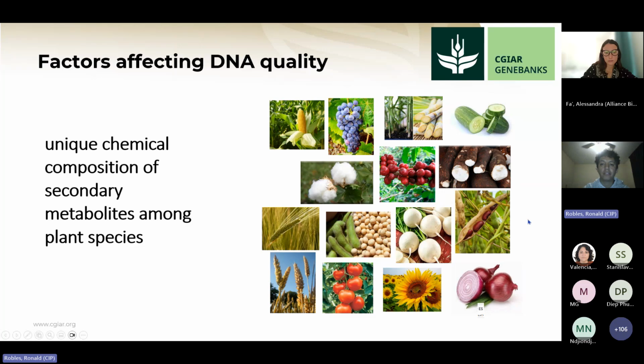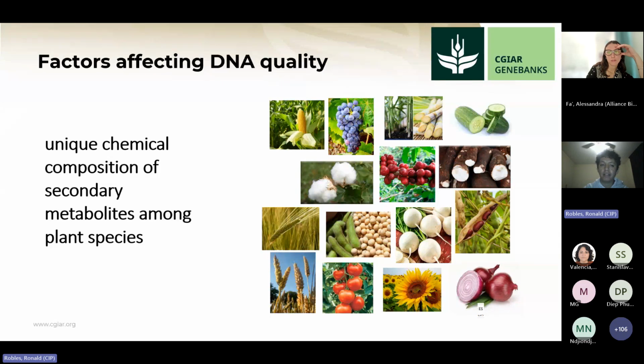For our cases, we work with gene banks or collections that are composed of many different crops, species, varieties. We have accessions from cultivated collections and also from wild relatives.